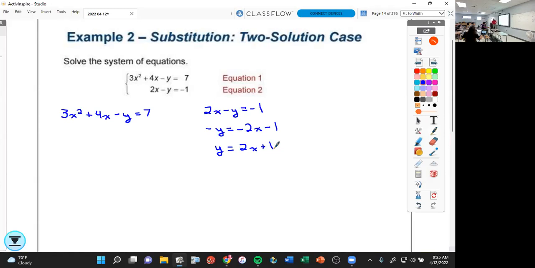Okay, so now that I know what y is, I'm going to take that value of y and plug it into my first equation. 3x squared plus 4x minus, I'm subtracting y. The value of y is 2x plus 1, equals 7. Distribute the negative sign, 3x squared plus 4x minus 2x minus 1 equals 7.